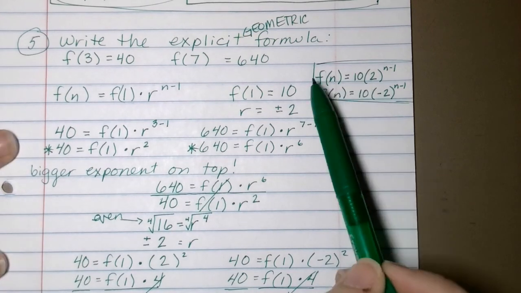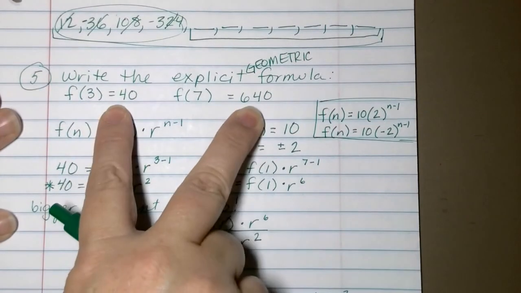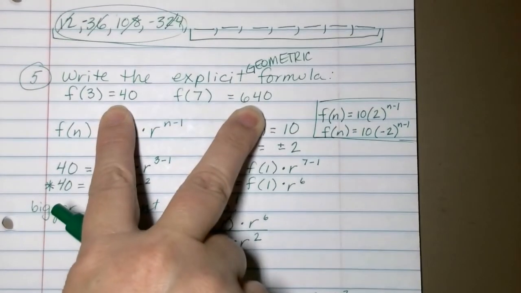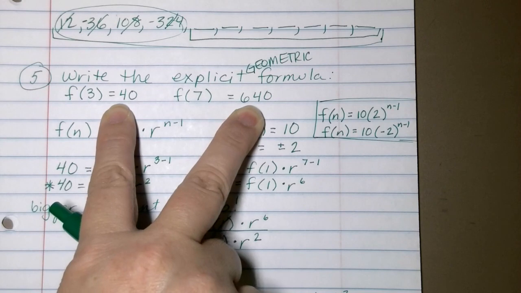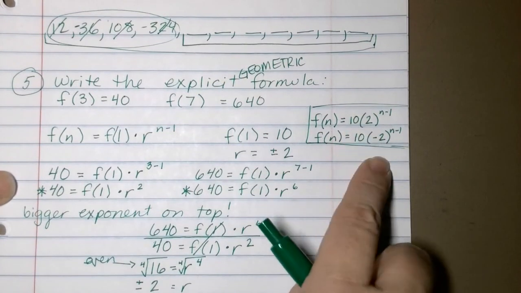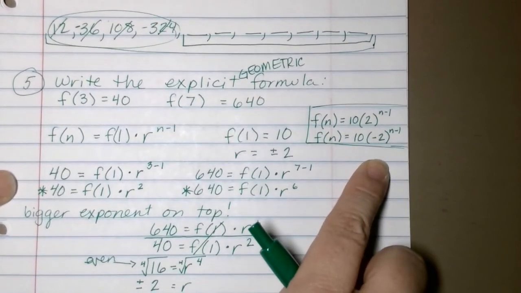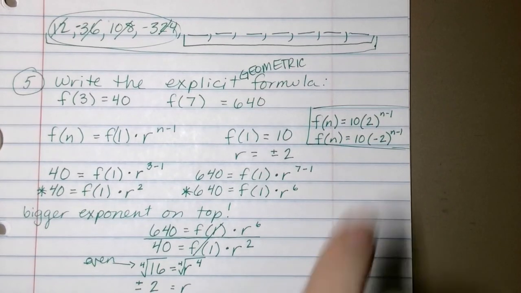So the reason we have two possibilities is because the 2 points they've given me on that graph that goes back and forth, those two would be positive anyways. It would be the ones between them that would be negative. So we don't have enough information to know, is it a regular one with a positive 2, or is it one of those ones that bounces back and forth with a negative 2? Sometimes we will know and it'll be straightforward. Sometimes it'll be like that.